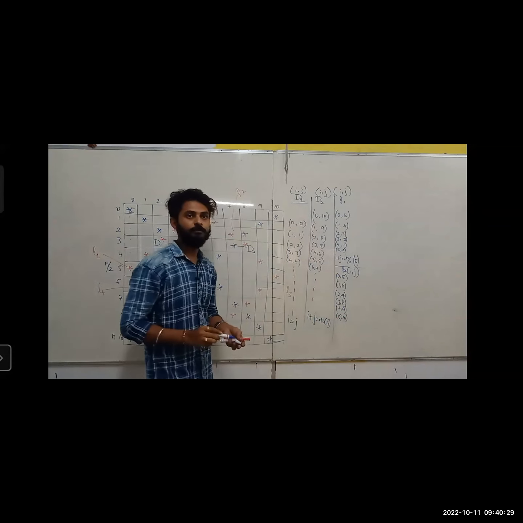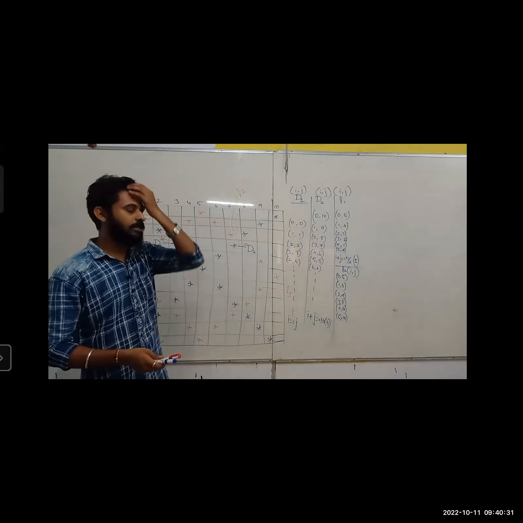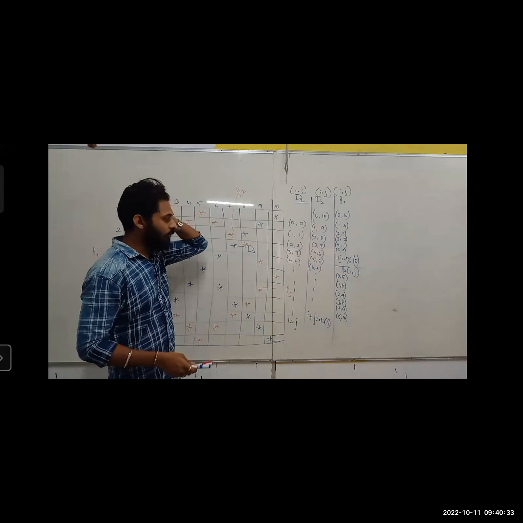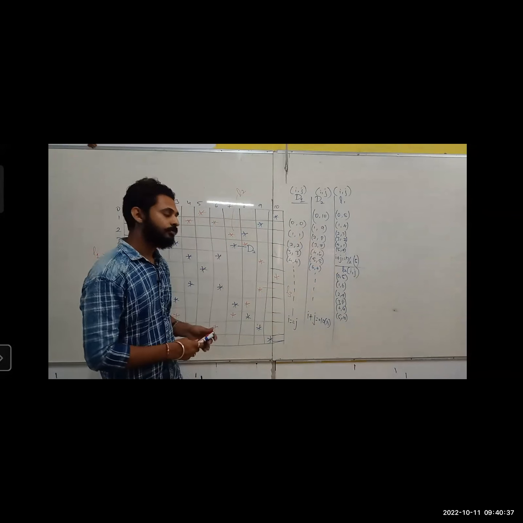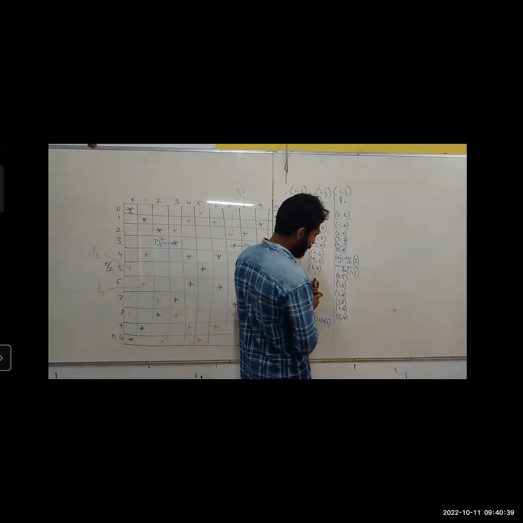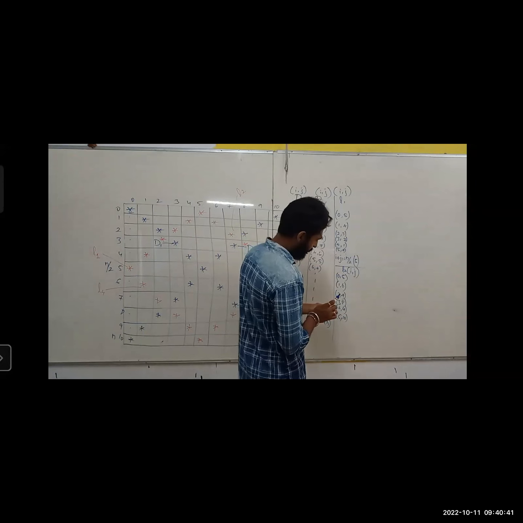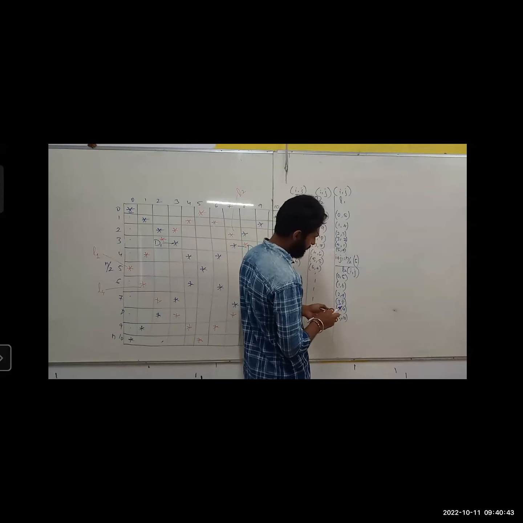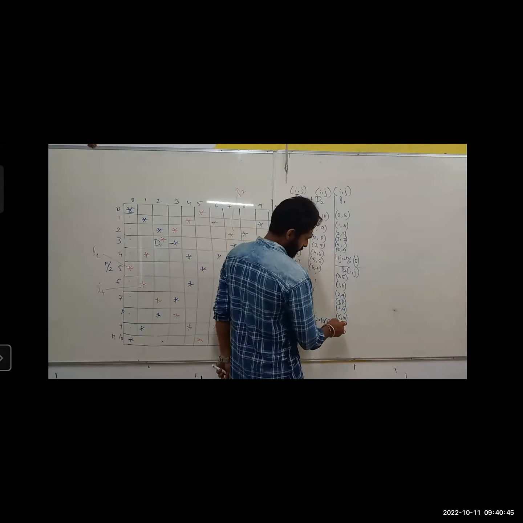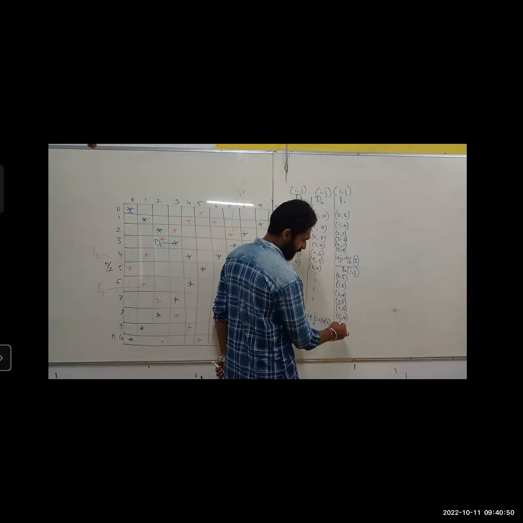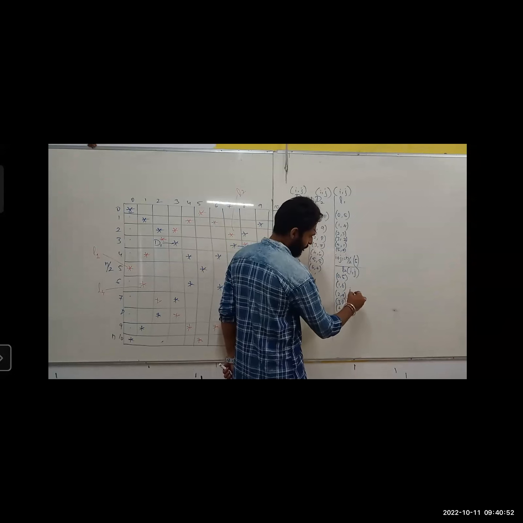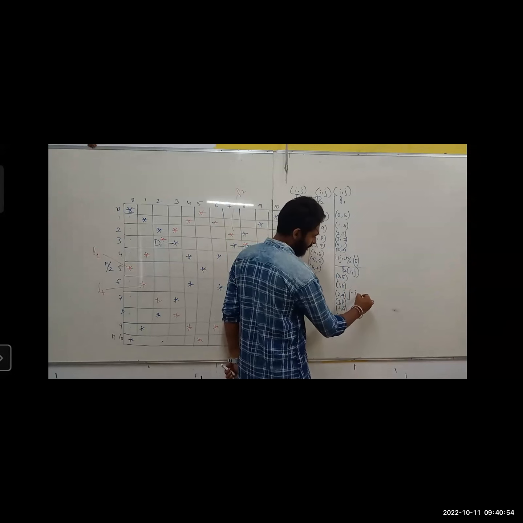If I consider this, think and tell me what exactly I should do. That j minus i is equal to n by 2. So what should I do in this case? J minus i. The j values are 5, 6, 7, 8, 9, 10.